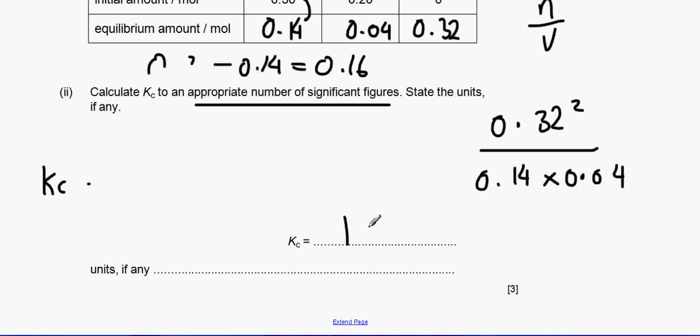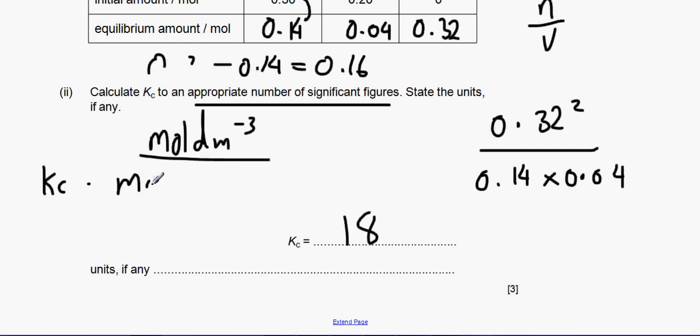So we have 18 to 2 significant figures, and the units will be mole per decimeter cubed over mole per decimeter cubed times mole per decimeter cubed.